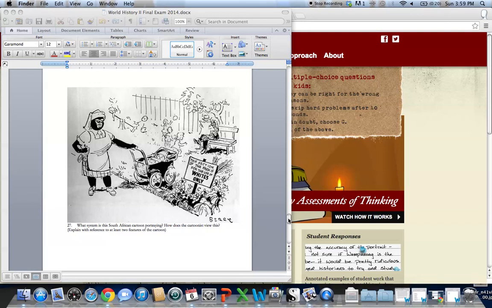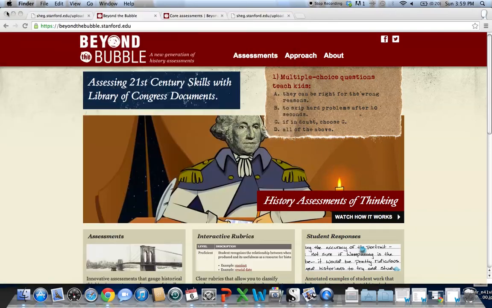So, again, these are the types of questions that we need to be asking as history teachers, and as really teachers of thinking and critical reading. Because, again, this ability to critically digest information is so important in our world.